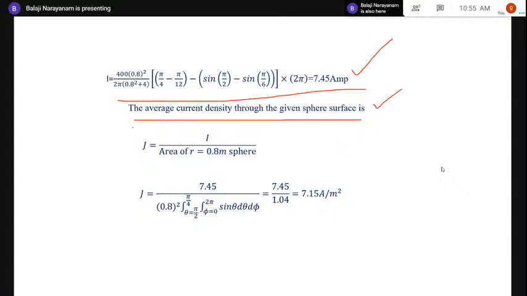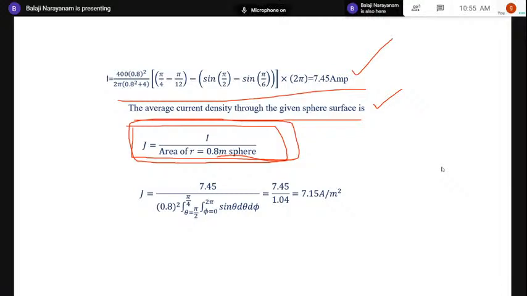We are asked about current as well as average current density. So the average current density through the given spherical surface is given by this equation, divided by the area of the sphere with radius 0.8 meters. It was clearly given for us.